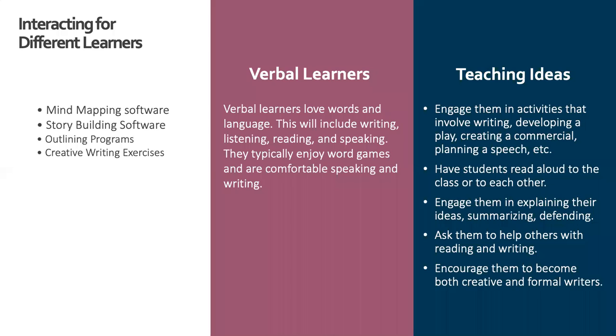I think in one of our past presentations, Dr. Vandeventer showed a sample of a cartoon creator or a comic book creator, which would be an awesome way for these verbal learners to take the information that they're given from the teacher and put it down into words or into a visual means of understanding the information.